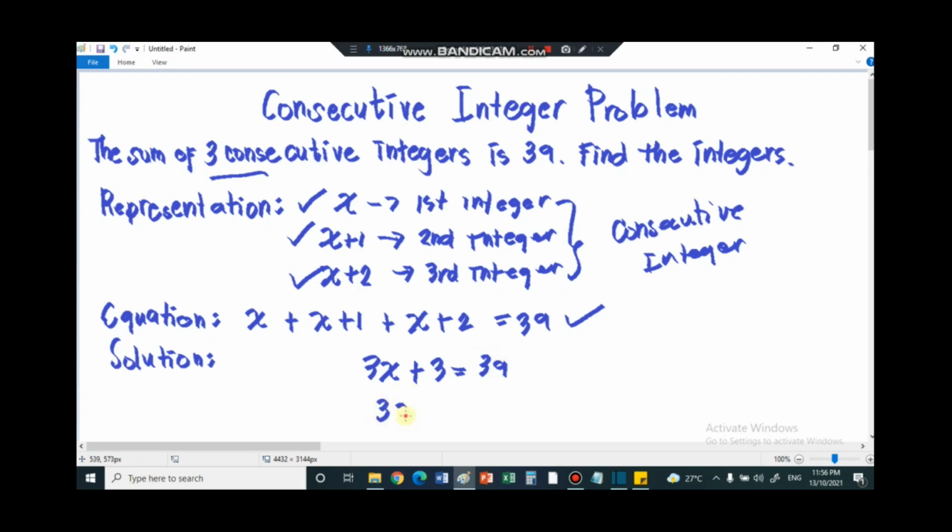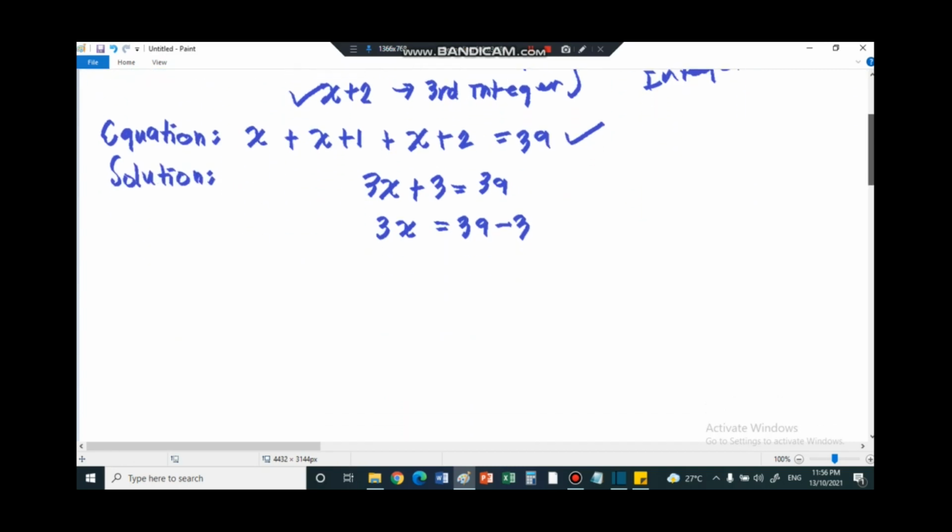So transpose or additive inverse, you have 39 minus 3. So what happened is you have 3x is 36. Divide both sides by 3. So your x is 12.